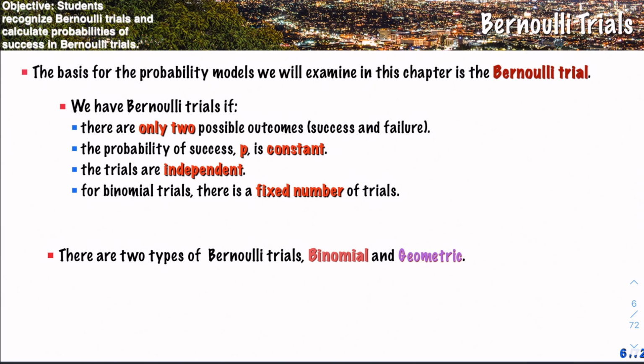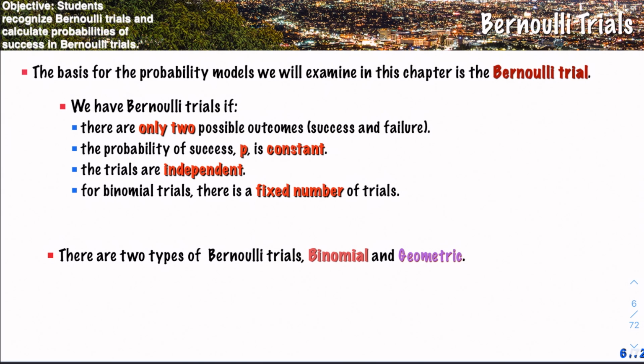The trials are independent, so they are non-conditional. And for binomial trials, there is a fixed number of trials. This is not going on infinitely, but rather there is a time where this ends. If all of those conditions are met, and the AP test will ask you to justify many of these, then we can do a similar analysis.